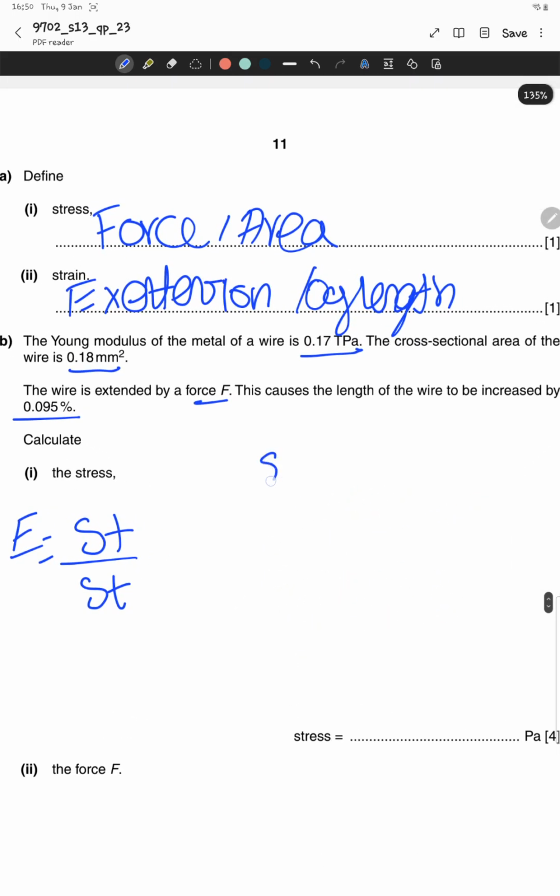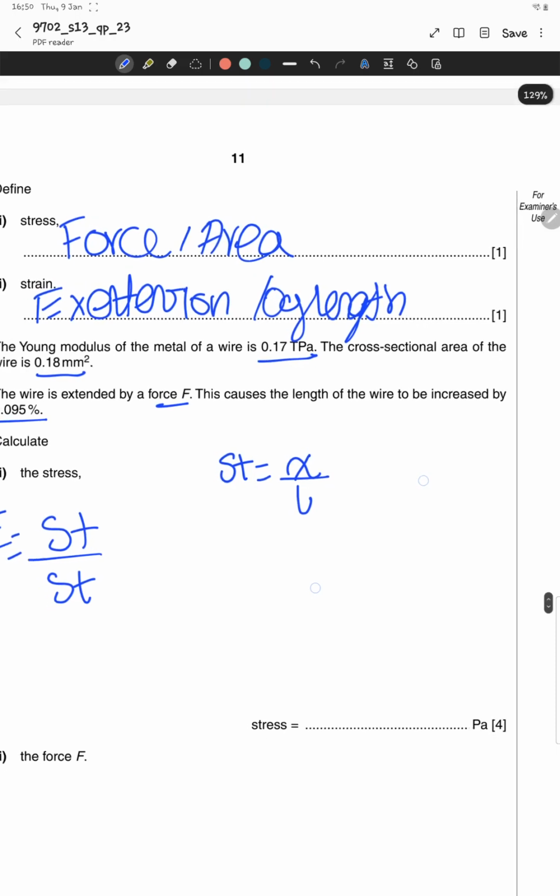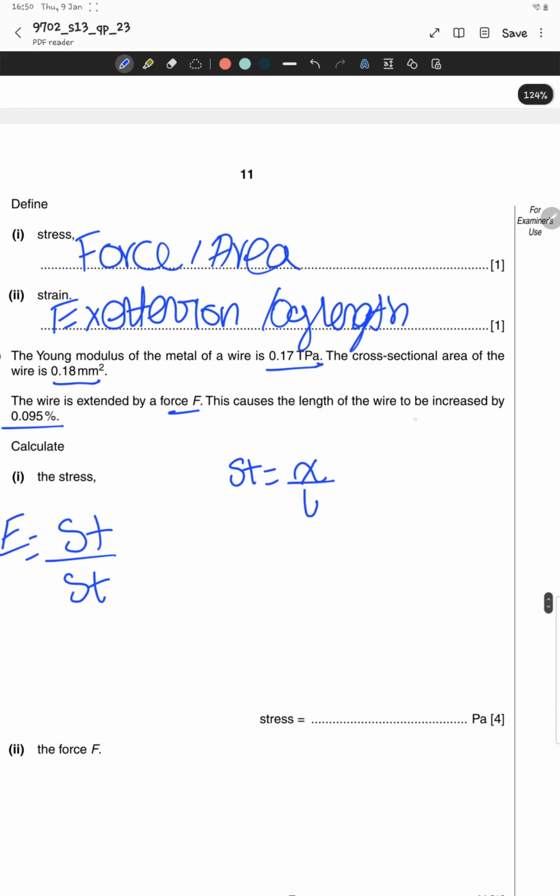Wait, so strain is equal to extension divided by original length, right? And they told us that the length of the wire is increased by 0.095%. So imagine that the length is 1.